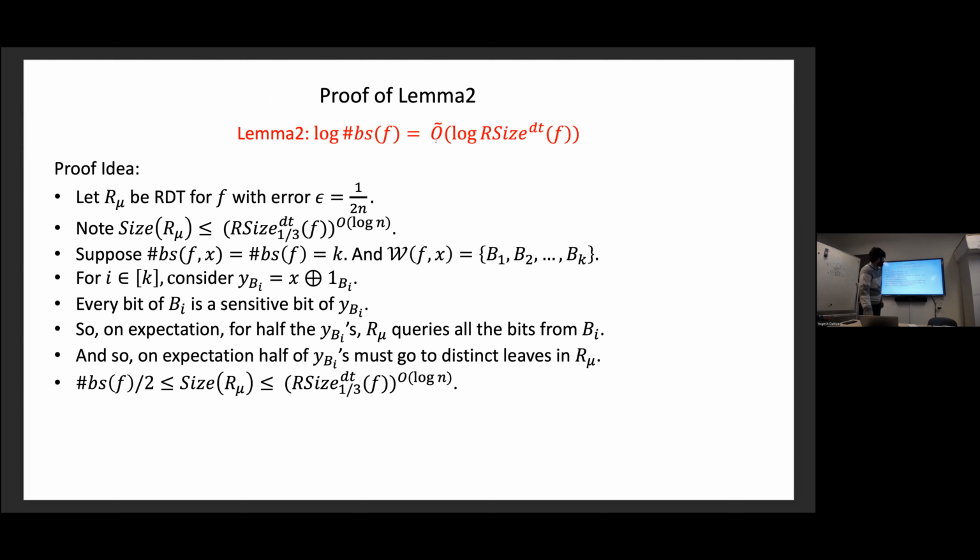So this shows that if the block number is large, then the randomized size is large. Essentially, we started with the example of majority and asked whether we could find an argument for the randomized size of majority being large.